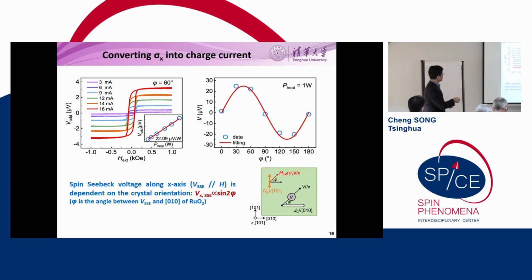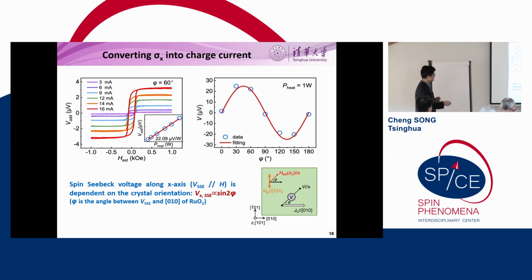We can see that when the heating current, meaning the temperature gradient, is larger, the signal is larger. Also, the angle dependence satisfies this sin 2 phi relation. Because when phi is zero, there is no Néel vector projection in that direction.